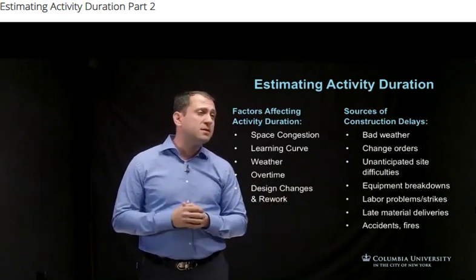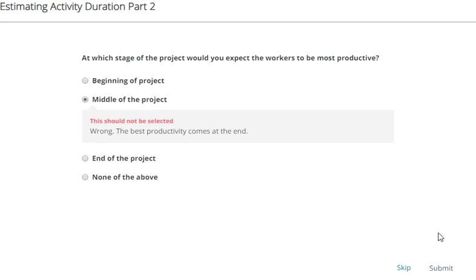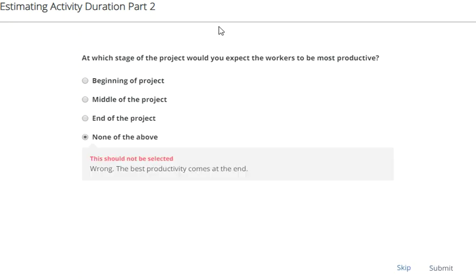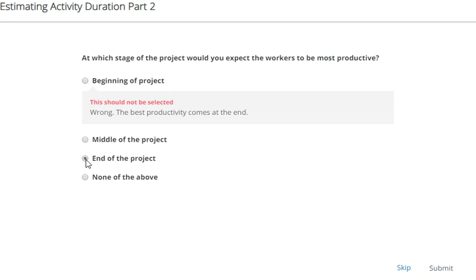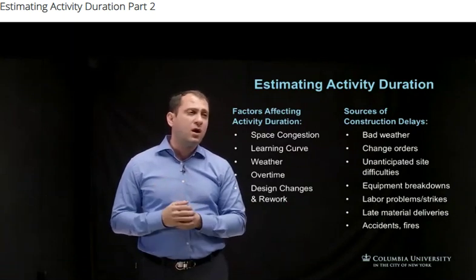Labor strikes or problems you need to address before you continue with the project.